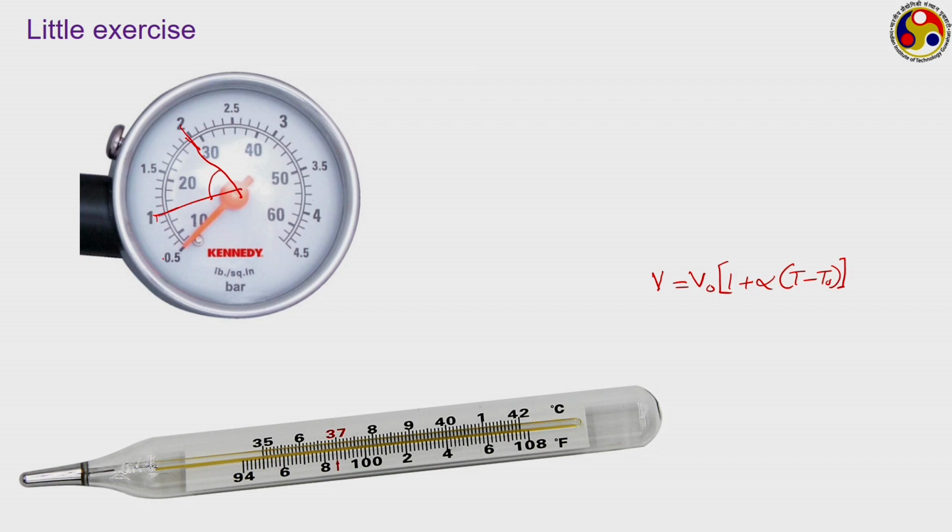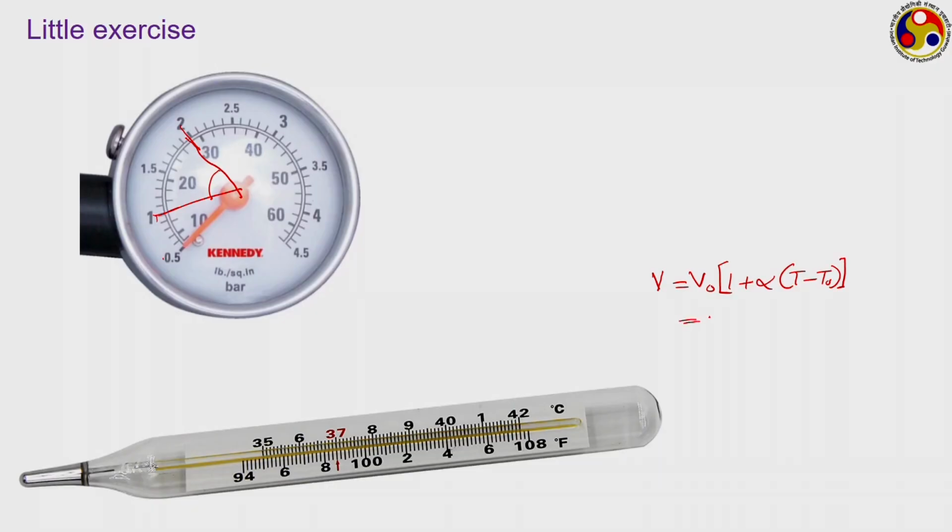Now if we want to calculate the sensitivity for this particular scale, how can we do that? Let us represent this in a slightly modified form, 1 plus alpha into theta, where theta refers to the change in temperature from the reference value.